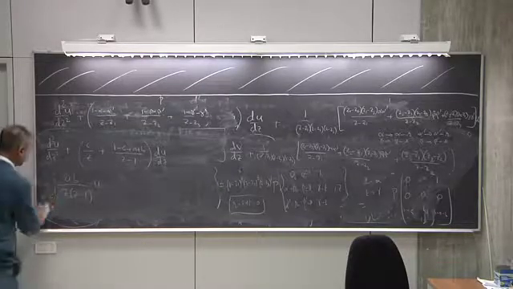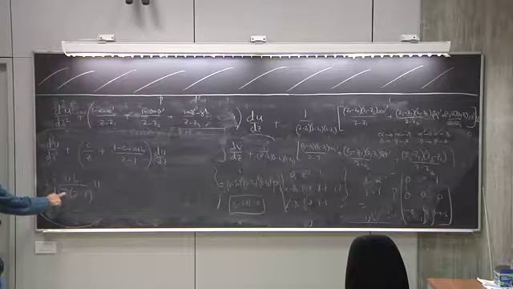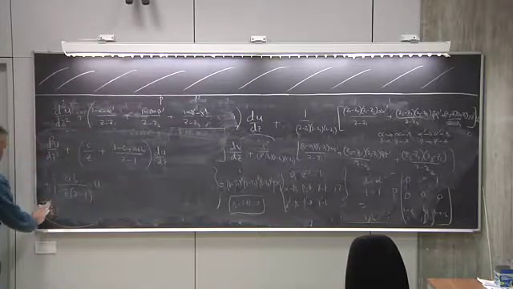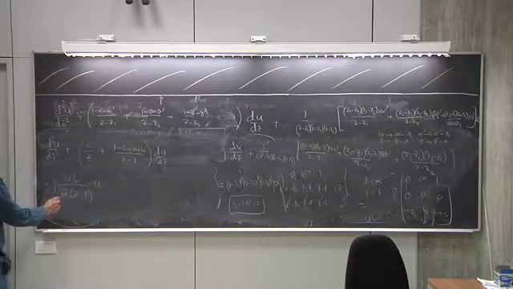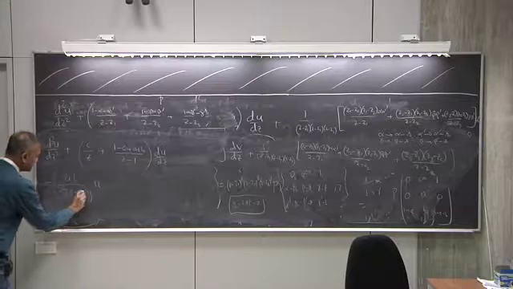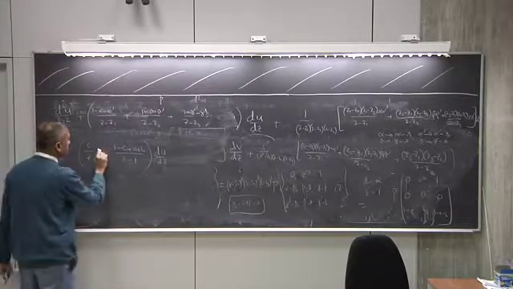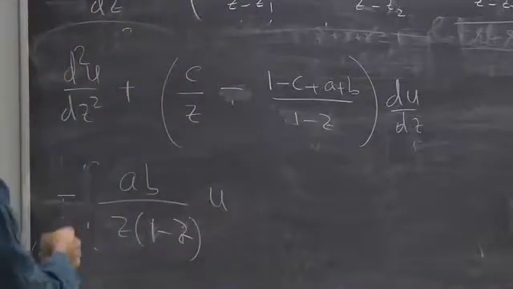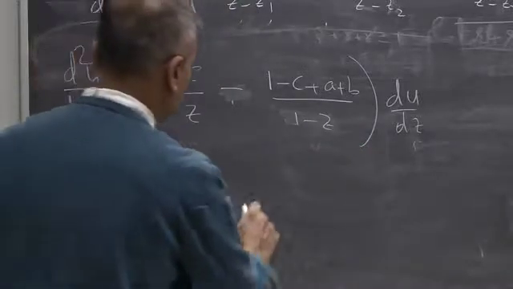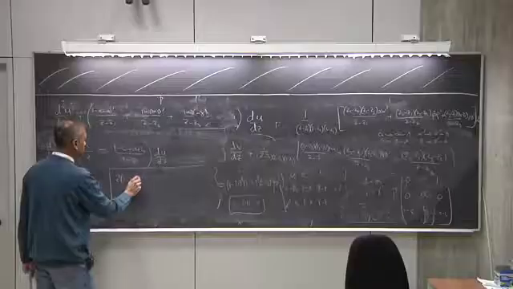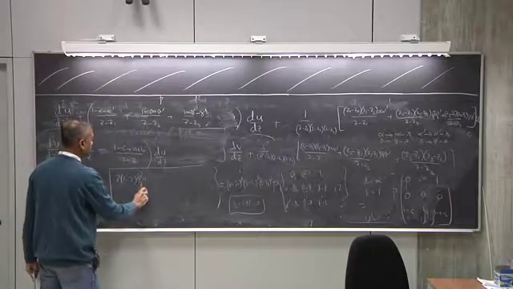So we can again further simplify this. Let me put here a minus sign and make it 1 minus z. Here also I put a minus sign and 1 minus z. And now multiply the entire equation by z times 1 minus z. So you get z times 1 minus z d2u by dz2.